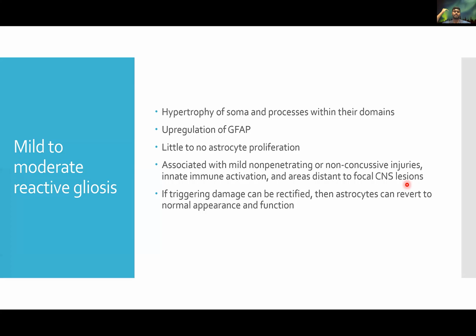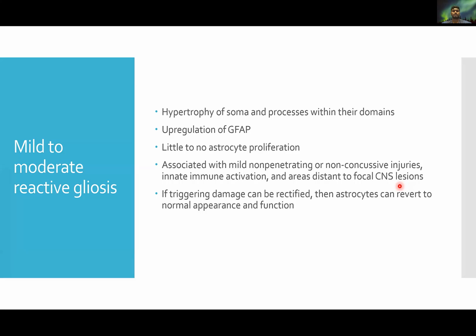However, on the other side, a few inches away, it will just be mild reactive gliosis because it's so far away, which leads to something important we'll talk about later: these changes via reactive gliosis are both temporally and spatially determined. And I'll talk about that more in depth later on.